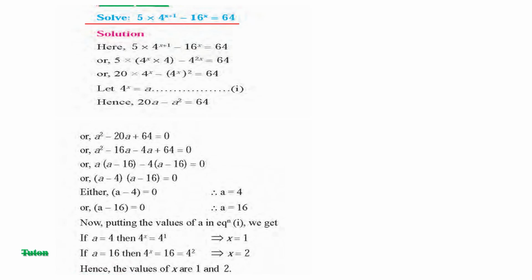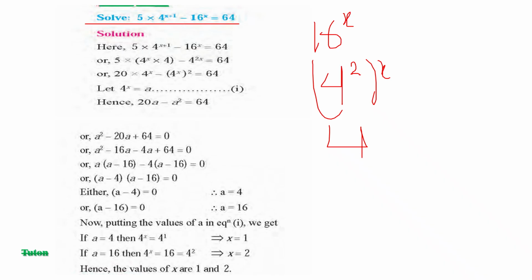If we convert the terms having an exponent to a base of 4, then it will be much easier for us to solve this problem. 16 to the power x can be written as 4 to the power 2 multiplied by x, which can be equivalently written as 4 to the power 2x, as shown in this step. And 4 to the power x plus 1 can be written as 4 to the power x multiplied by 4 to the power 1.